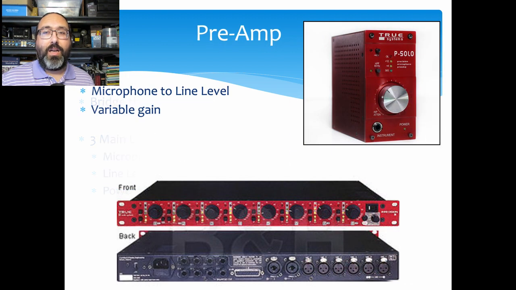So to get us from microphone level to line level, we need to use a preamp. It used to be that they were set voltages specifically set to pair with that microphone. So you would have this really nice, expensive microphone, and there was a preamp built specifically for that. Now, that being said, there are some preamplifiers out there that are specifically made for certain microphones and sold as a pair.